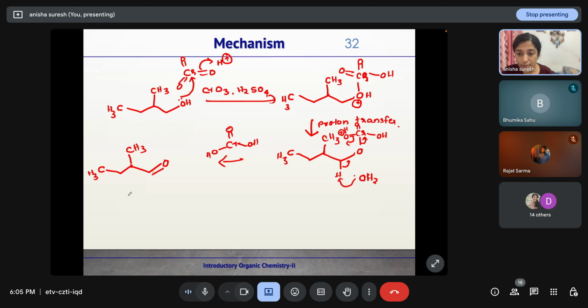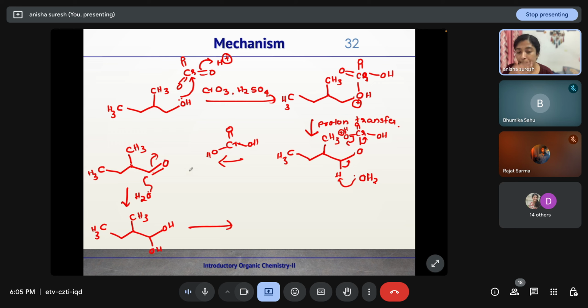Now again water can add on to this aldehyde, leading to formation of this gem diol.